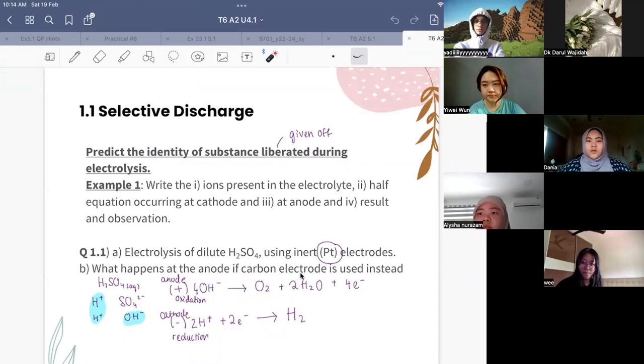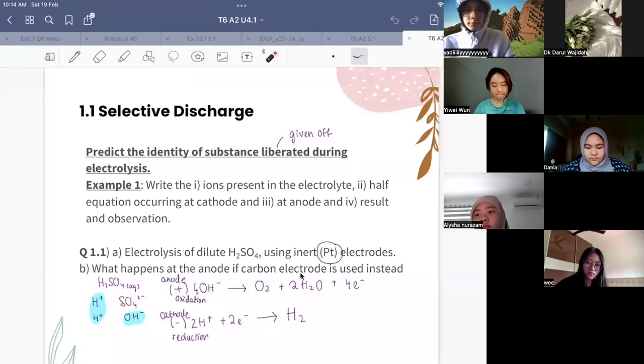On Thursday, we already looked at the factors that affect selective discharge. The easiest one, the number one factor that you should be looking at, is their arrangement in terms of their standard electrode values. So cations, the most positive ones, will be discharged first, and anions, the most negative ones, will be selected first.